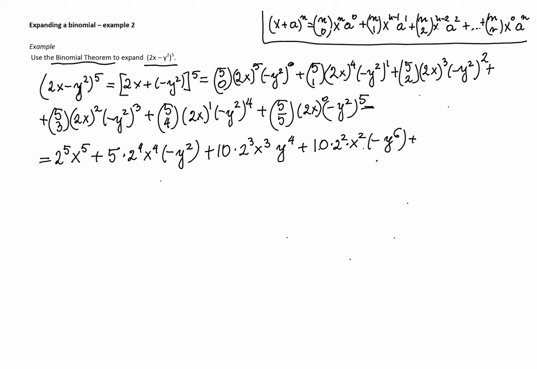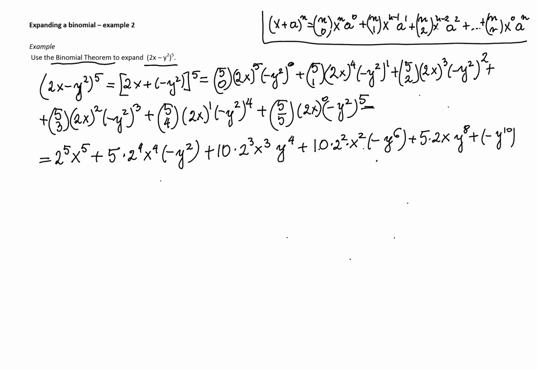Then we'll have 5 choose 4, which is 5, times 2x, and negative y squared to the 4th power is going to be positive y to the 8. And then we'll have 5 choose 5, which is 1, 2x to the 0 is 1, and negative y squared to the power 5 is going to give me negative y to the 10th.